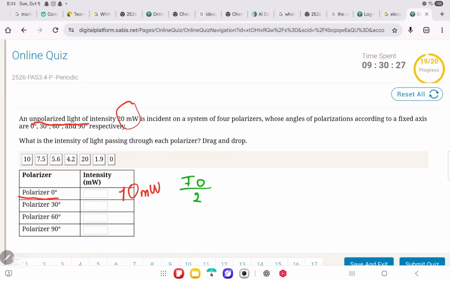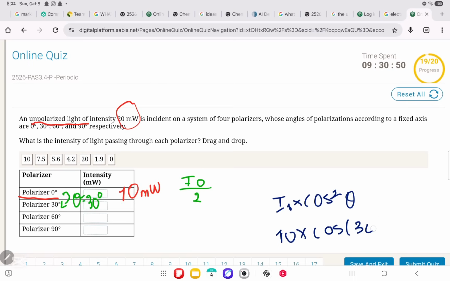Now we can proceed with the equations that we know. From 0 to 30 degrees, the value of theta is 30 degrees. So to find the intensity at 30 degrees, it's I1 times cosine squared theta. So it's 10 times cosine 30 squared, which gives an answer of 7.5.